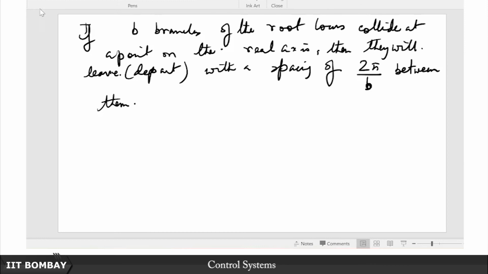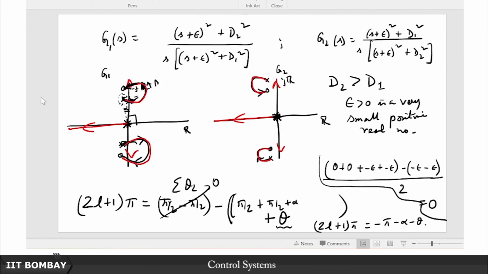A final point about the refinement still remains. Based on this particular plot you might feel, okay, this is great. We have been now able to infer if there is a j omega axis crossing here based on these plots. But shouldn't there be a systematic way to also infer for any arbitrary system whether there is a j omega axis crossing or not? And indeed there is.